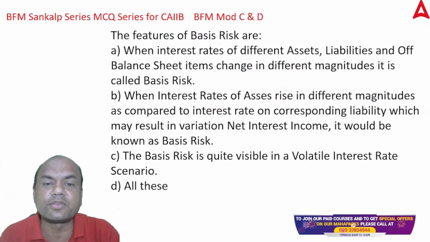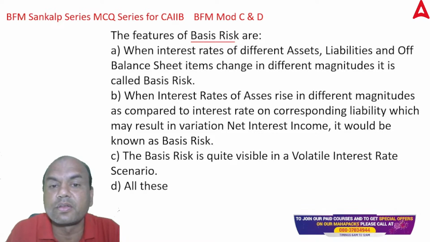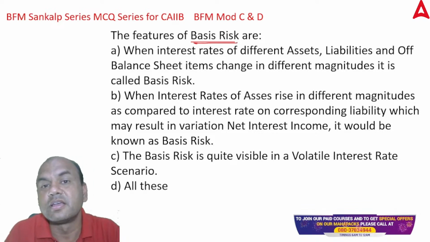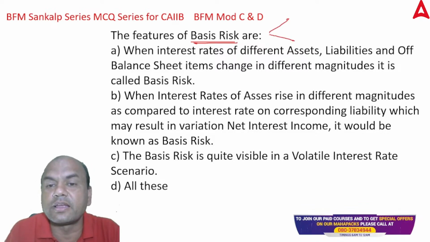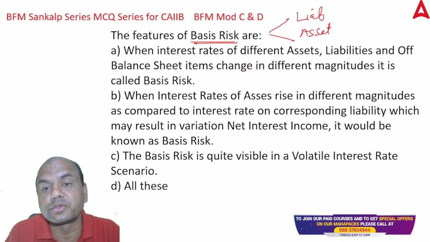These are the features of basis risk. What is meant by basis risk? The rates of interest of liabilities and assets, meaning deposits and loans, change differently in different magnitudes.